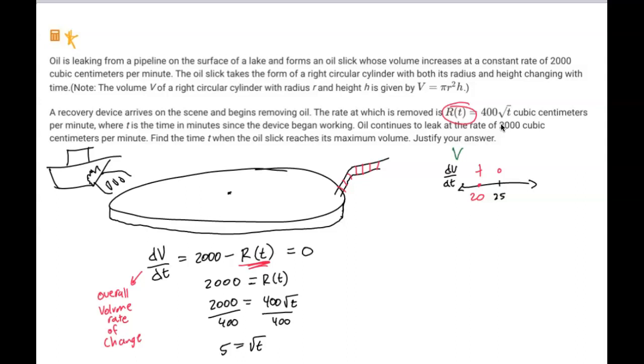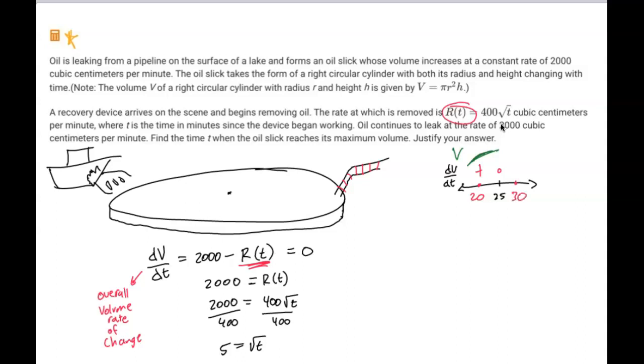So the derivative is positive on that interval. So what's going on with the volume? It's increasing. So basically what we can say is from the time the oil began to spill to time 25, my oil slick is increasing in volume, right? All right, then let's check after 25, maybe 30.